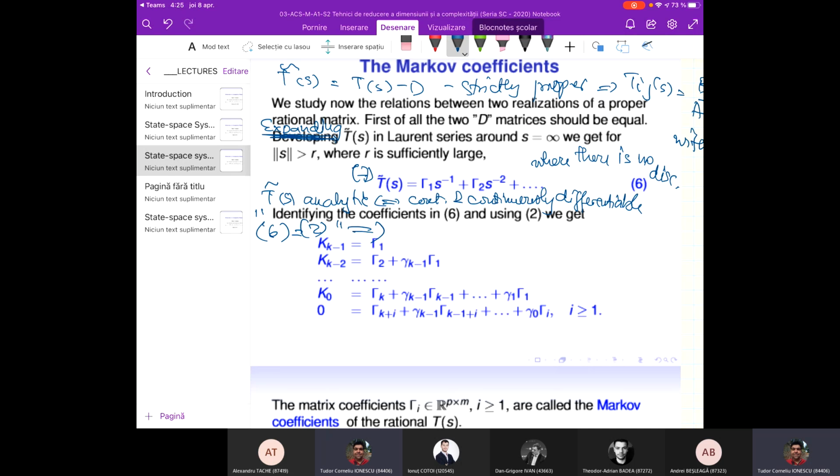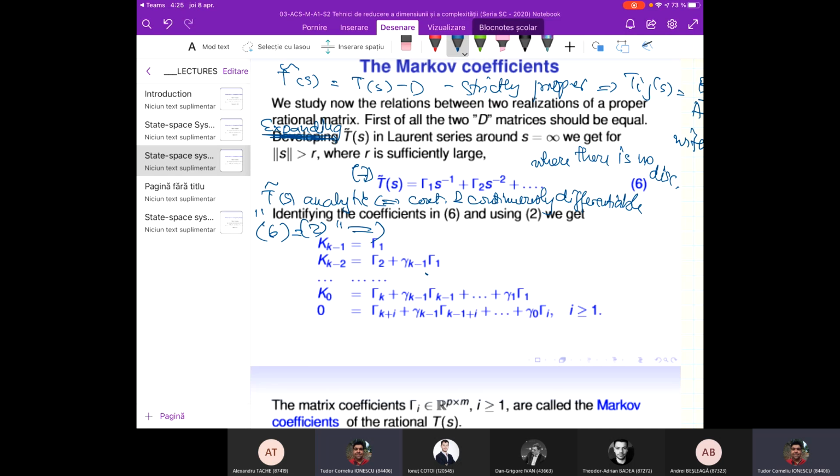implies that k index k minus 1 is gamma 1. Look, this is around infinity. That's why you have s to the power minus 1, s to the power minus 2. K times k index k minus 2 is gamma 2 plus gamma k minus 1, gamma 1.